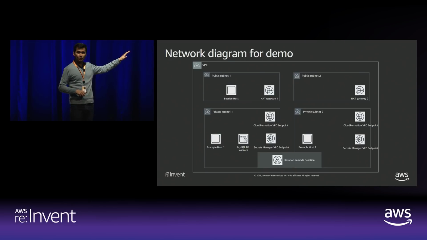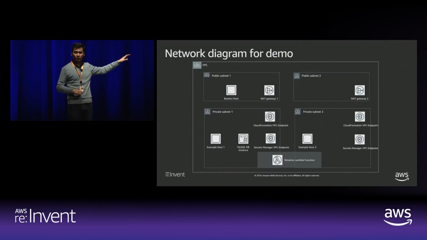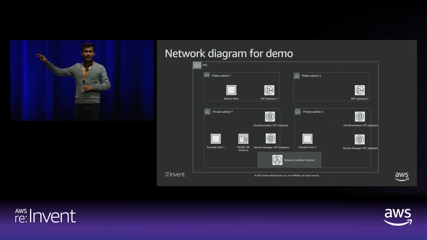For private subnet 1, example host 1 has an IAM role that enables the host to retrieve a secret from Secrets Manager and use the secret to access the MySQL instance. In private subnet 2, the example host has permissions to list and describe secrets, but it does not have permissions to retrieve the secret value.